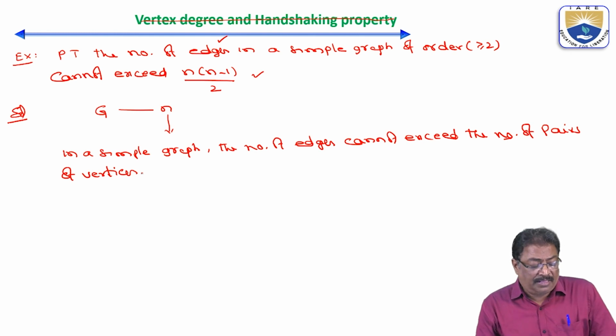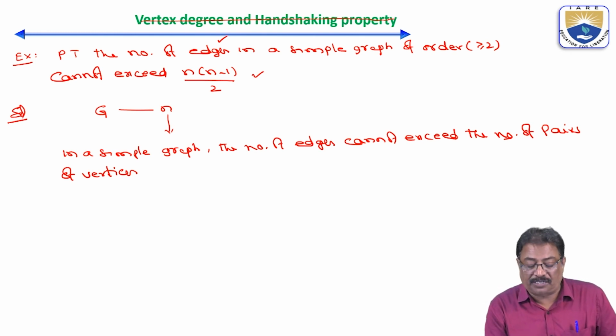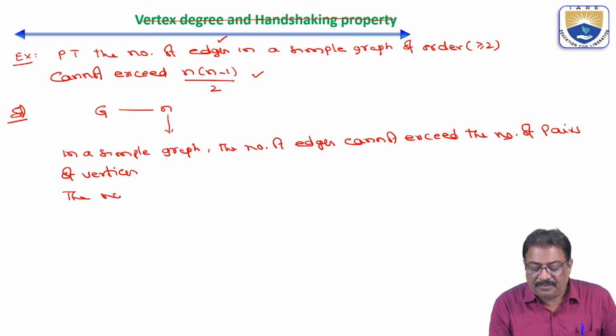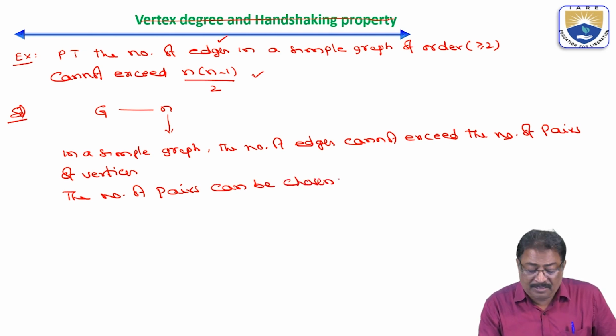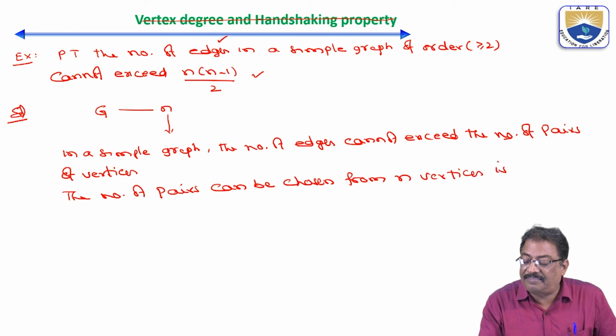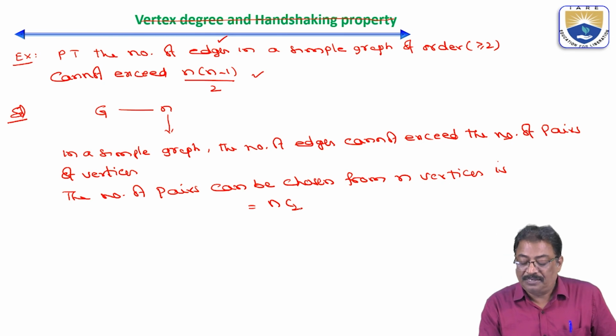Here the number of pairs that can be chosen from n vertices is nC2, which is nothing but n factorial by n minus 2 factorial into 2 factorial.